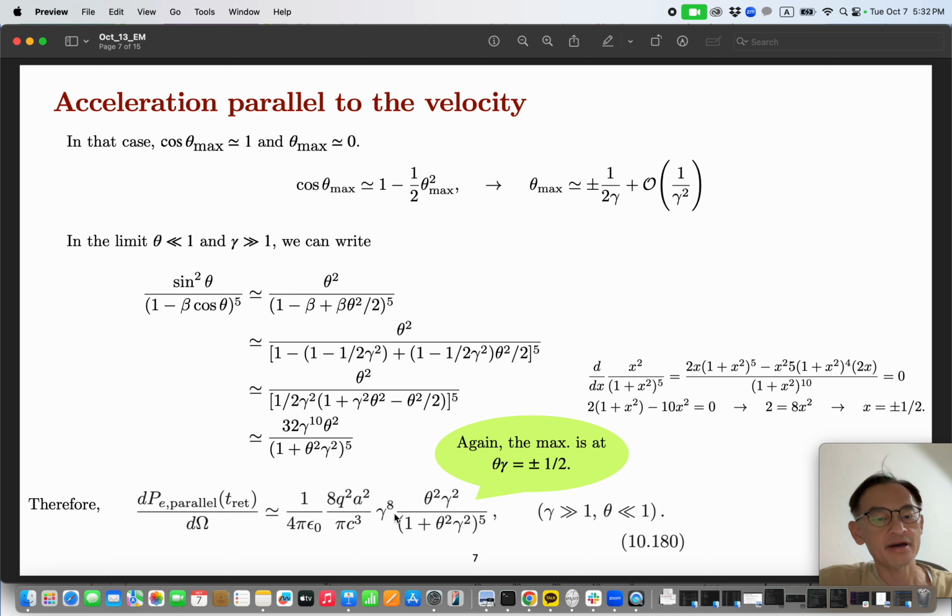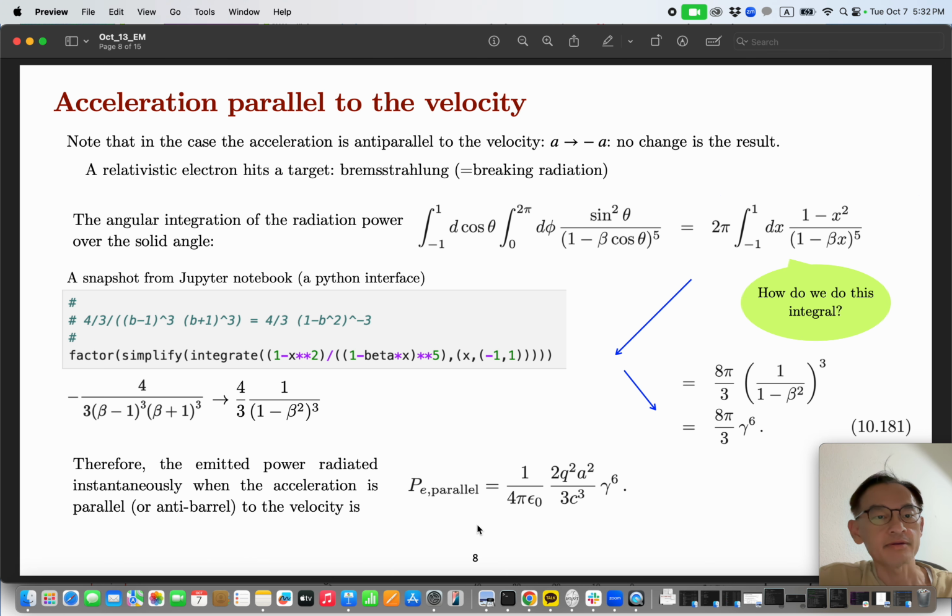We have gamma, actually 16 is split into 8 and gamma 2. Theta squared is here, and in the denominator we have 1 plus theta squared gamma squared, and the whole thing is to the power of 5. Okay.